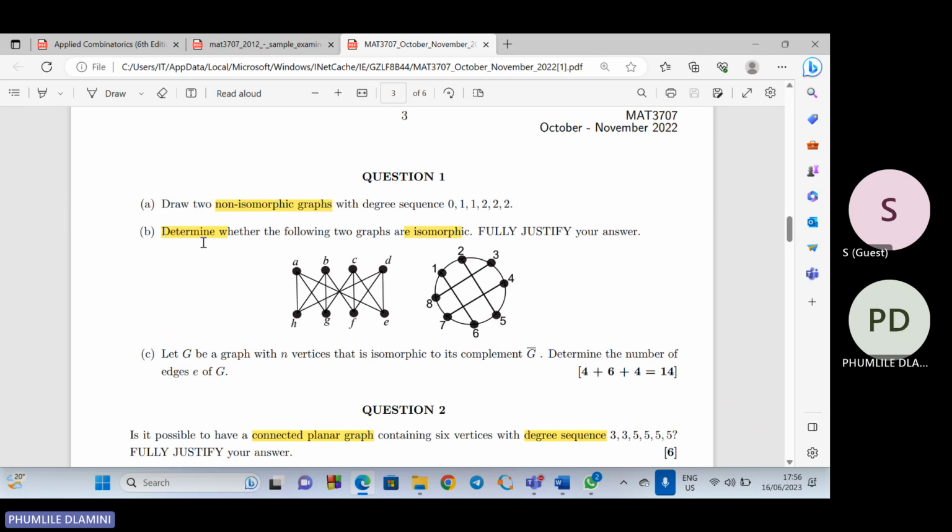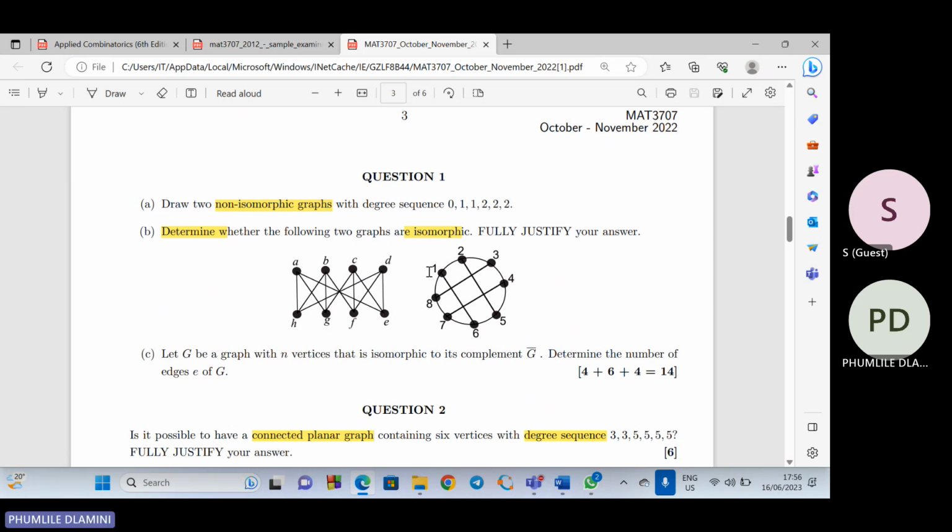The question says: determine whether the following two graphs are isomorphic, fully justify your answer. If we have to determine whether these two graphs are isomorphic, you first check the vertices: 1, 2, 3, 4, 5, 6, 7, 8.